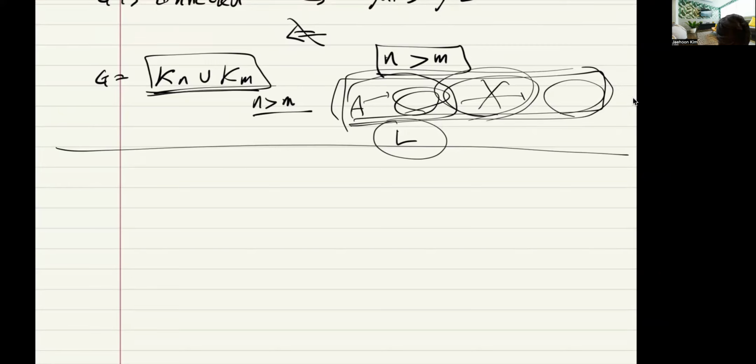So, what you can prove is this. The smallest eigenvalue of the Laplacian is 0.